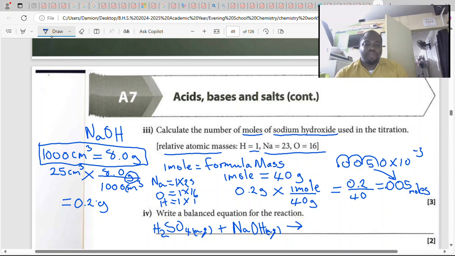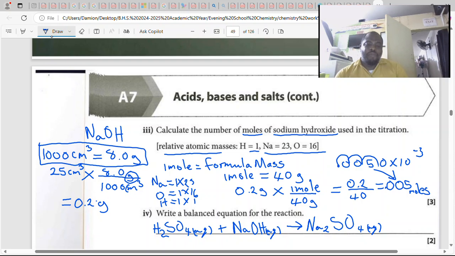So we know that the sodium is going to replace the hydrogen. And remember, what you want to keep in mind is the ions that are used to formulate the compound.